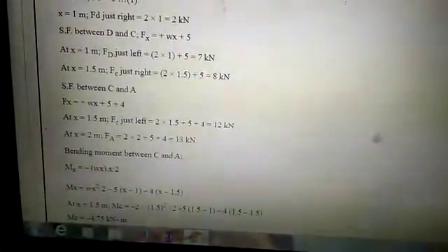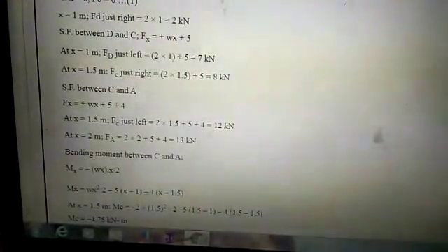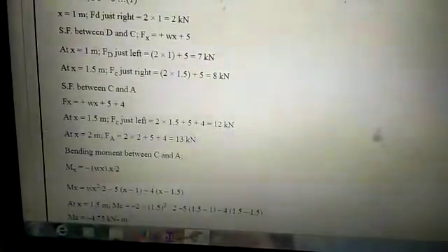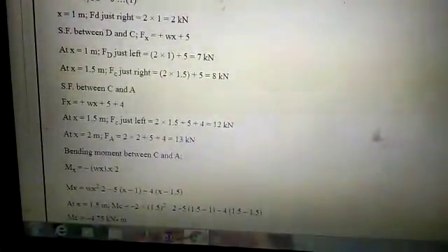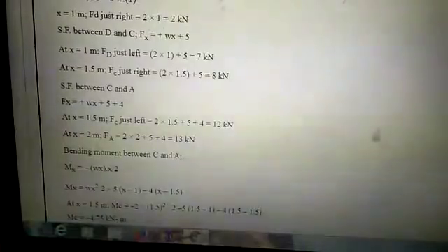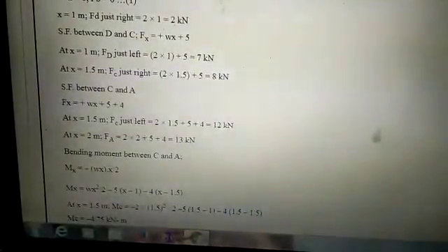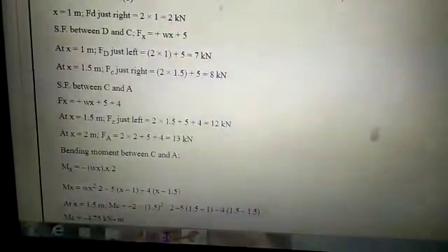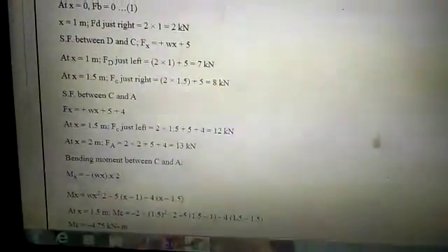Now in the same equation, Wx plus 5 plus 4, we will put x is equal to 2. So Fa will be 2 into 2 plus 5 plus 4, so it will be 13 kilonewton.